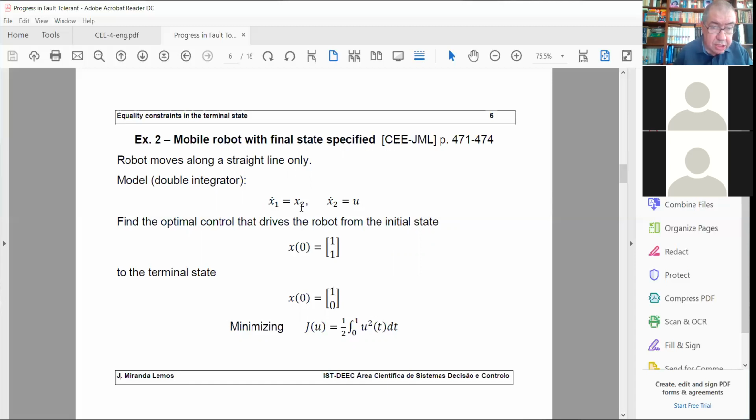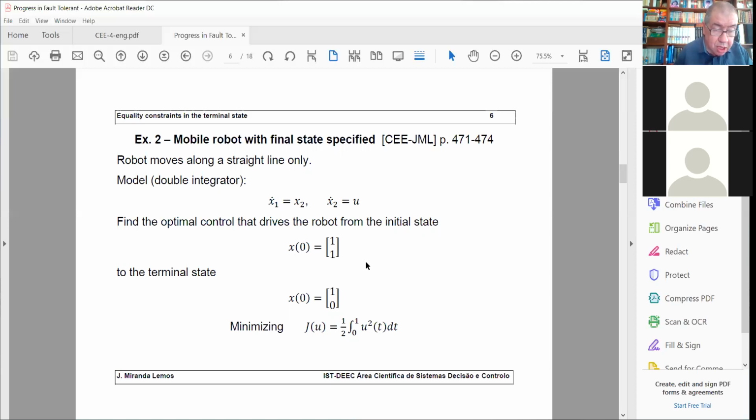So x1 dot is equal to x2, and x2 dot is the acceleration. It's the force on the robot divided by the mass. So u is a kind of normalized manipulated variable. And my robot is in one state given by 1, 1.